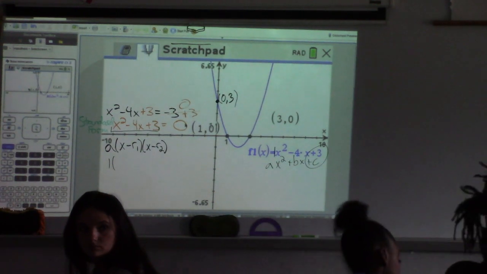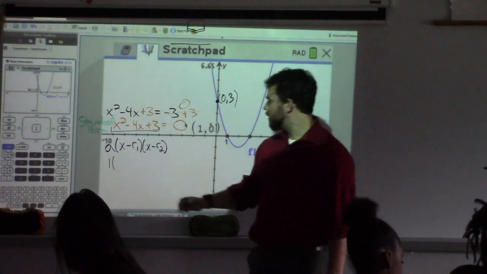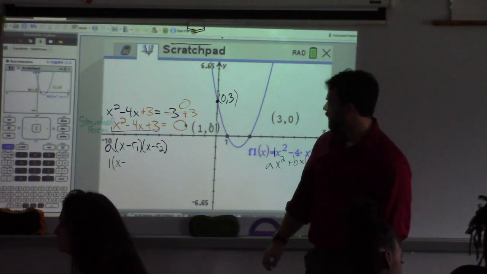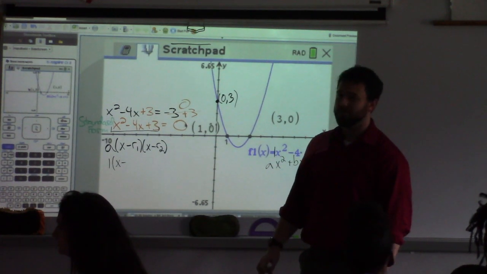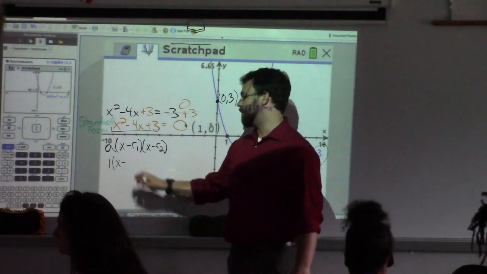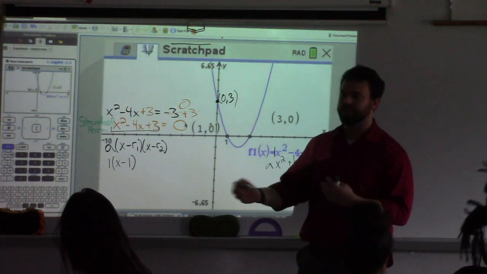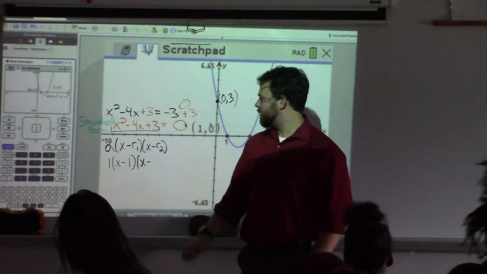Alright. So here's the thing. Now that you have your x-intercepts, what is the factored form? X minus R1. What is R1? 1. Does it really matter which order? No. You just have to have both of them, right? I typically go from left to right, so that would technically be x minus 1 times x minus 3.